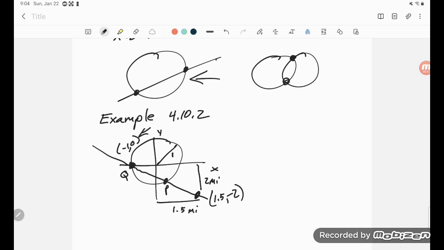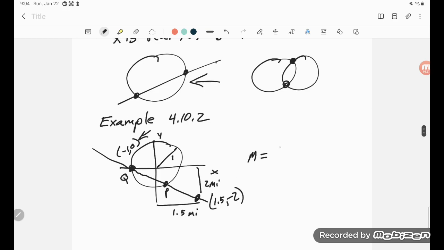Okay, and so we can get the slope here. The slope, I'll take the -2 minus 0 over the 1.5 minus a -1, and that equals -2 over 2.5. Now, I can write that as -4/5, or I could write it as -0.8.